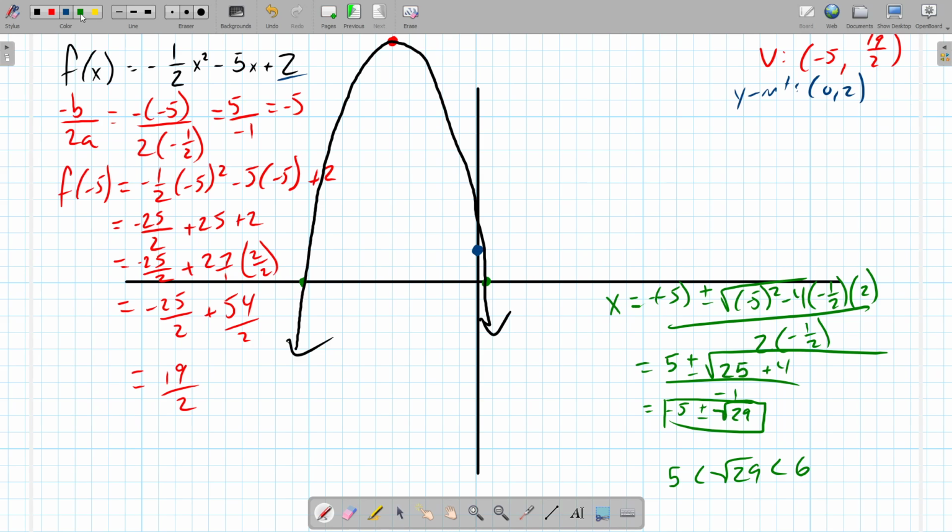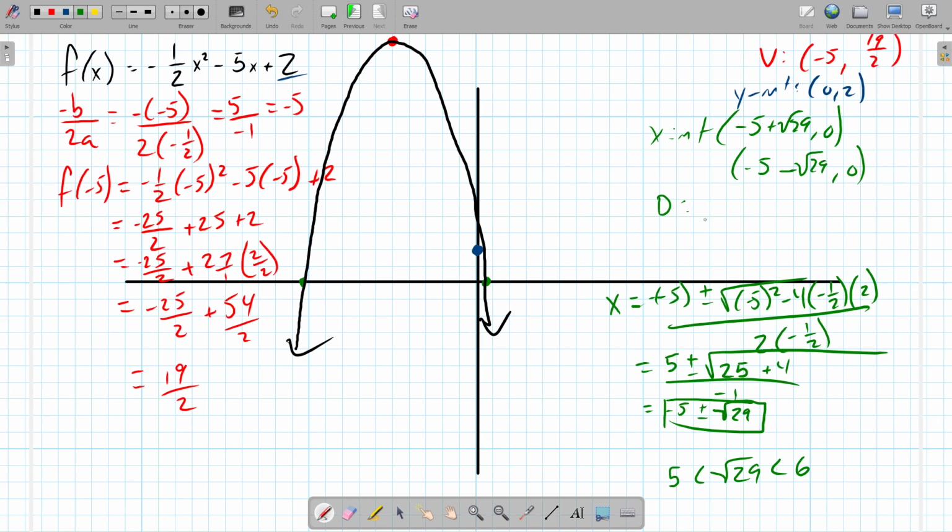So let's finish this up by just labeling what we have. We have our x-intercepts are at negative 5 plus root 29, 0, and negative 5 minus root 29, 0.